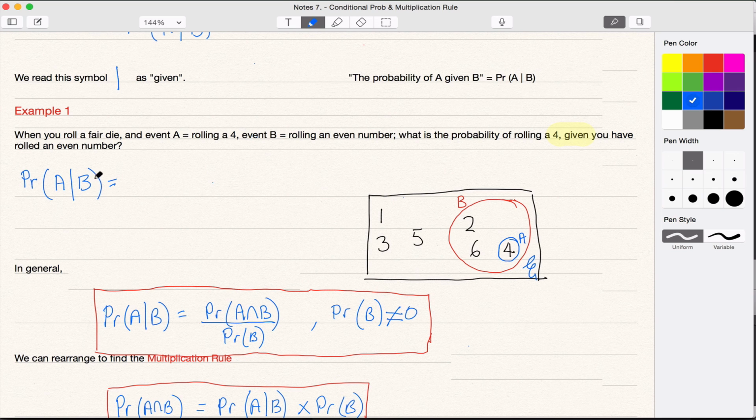So the probability of A given B is going to be just like we've always looked at: the number of favourable outcomes, so that's the number of even numbers that are a 4, over the total number of outcomes.